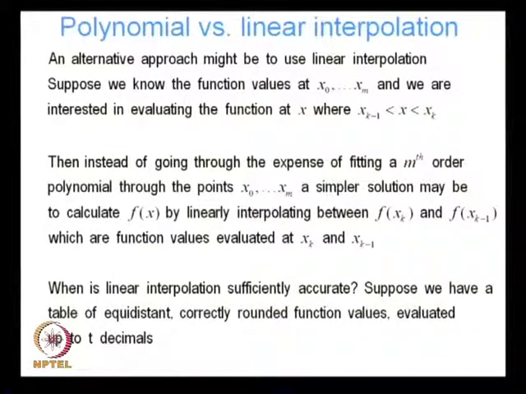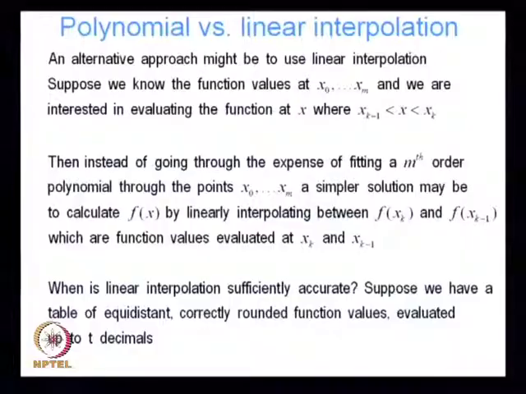When is linear interpolation sufficiently accurate? That is a question. When is linear interpolation going to give me a good estimate? I know that linear interpolation is going to be cheap, but is there any condition which has to be fulfilled for it to give me good results? Well, let's see.